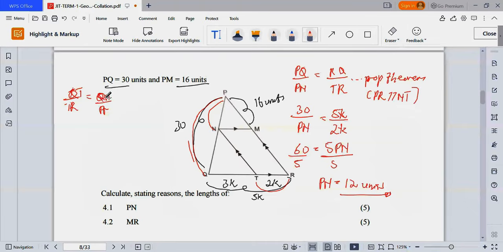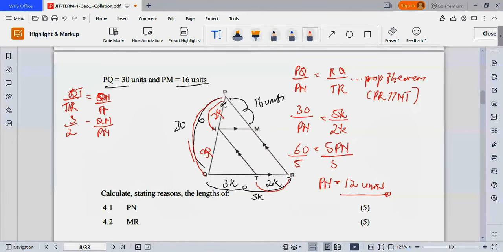So this is just another way to solve the same question. Now, remember the ratio that we have for this is 3 over 2. So you can use the same ratio for QN over PN. So if you have 3 over 2, that means the QN here could be 3p, and this could be 2p.